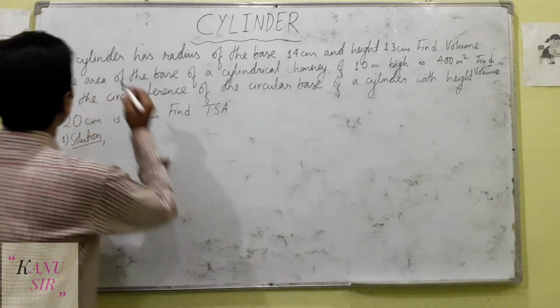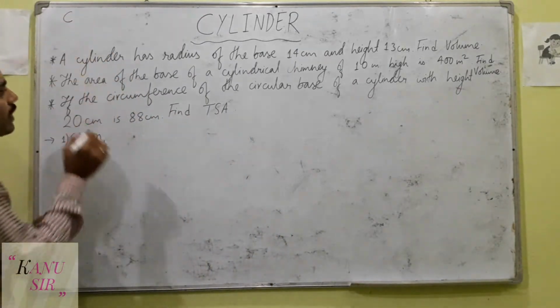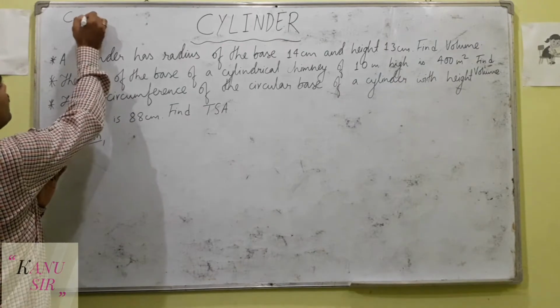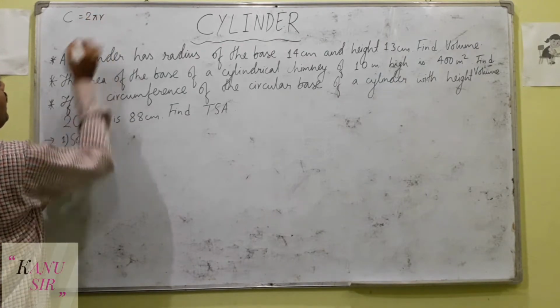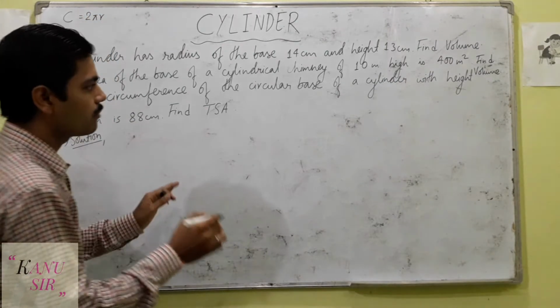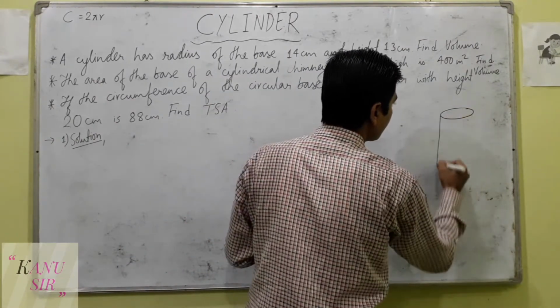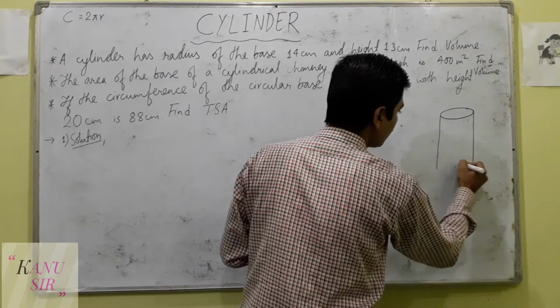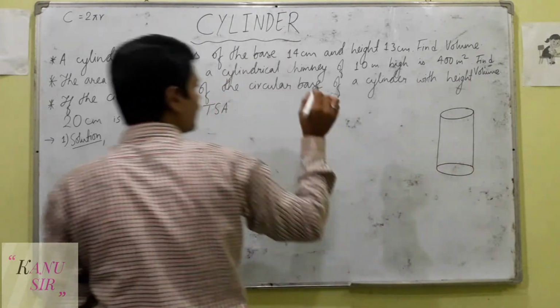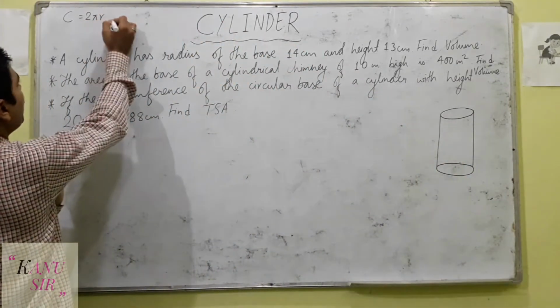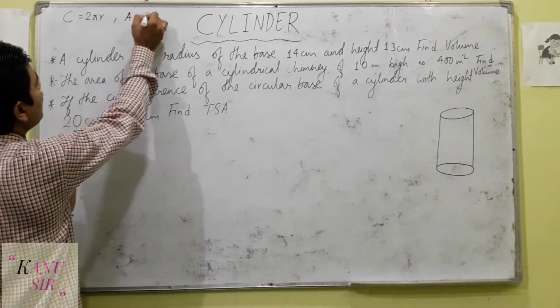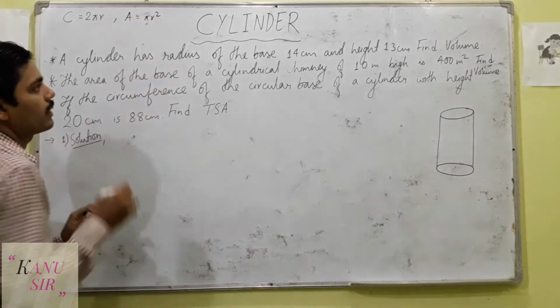The first formula we studied is the circumference of a base, that is 2 pi r. The base of a cylinder looks like a circle, so the circumference of a circle is 2 pi r. Area of a circle is pi r square.